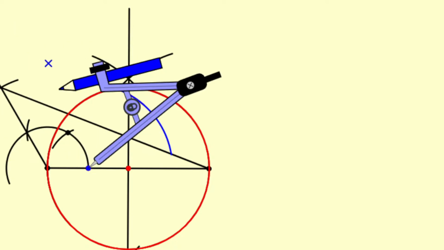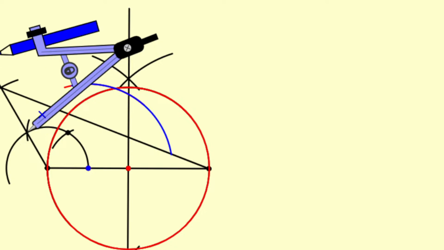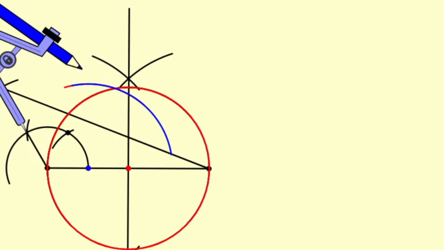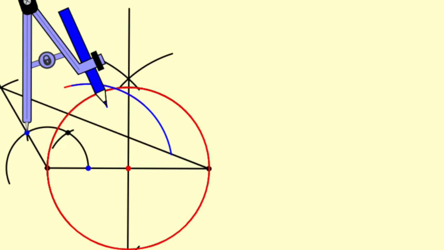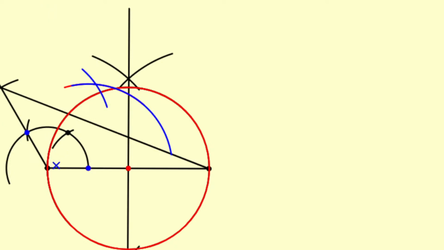One arc from this end point, the other arc from this end point. Both the arcs will intersect each other at one point. Now you can just draw this line. So the angle bisector of angle B I have drawn.